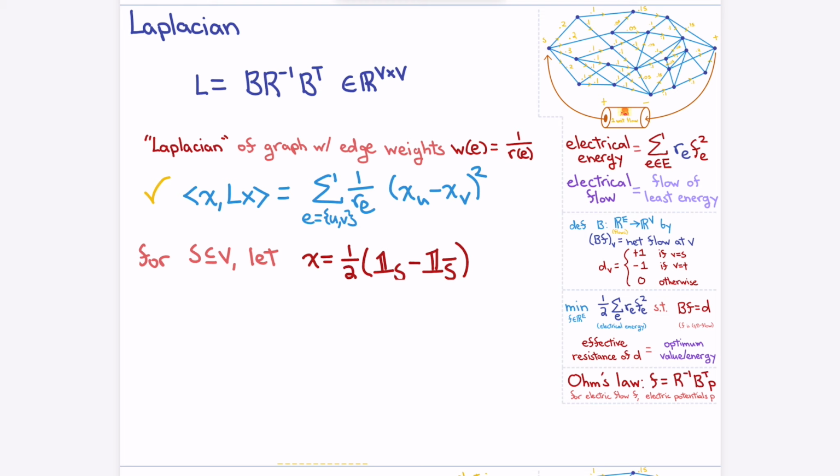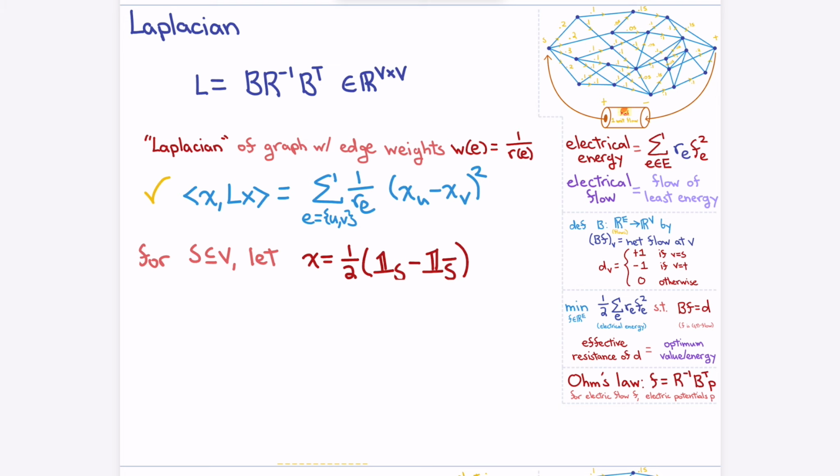Okay, so what I want to show is that the Laplacian actually does say some useful things about the graph. And here's a simple example. I'm going to try to show that it encodes the value of every cut in the graph. So in particular, we're looking at the graph for the edge weights that are reciprocals of the resistances.